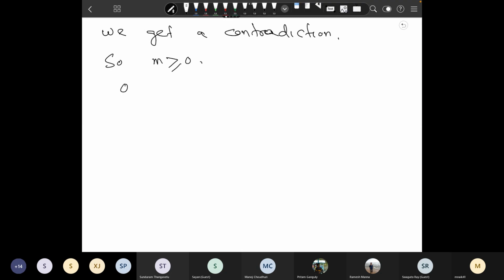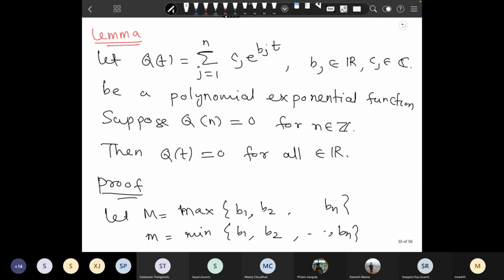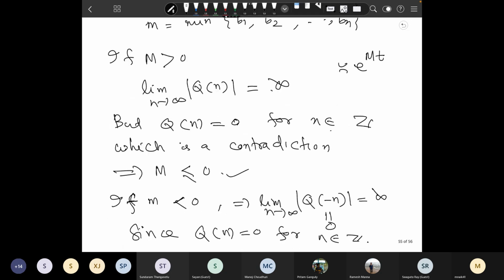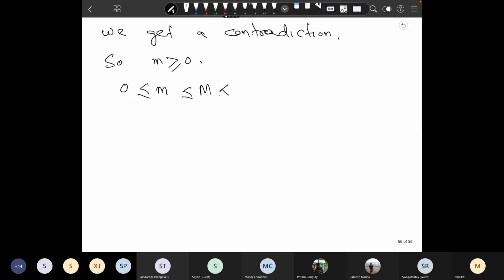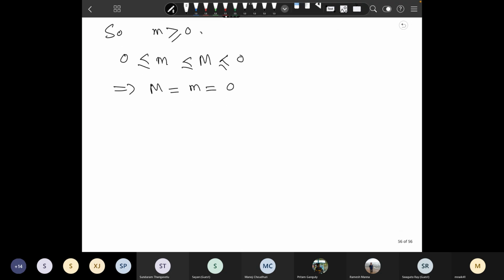So finally I have m, this is the minimum, M, this is the maximum, and I have shown that M is less than or equal to 0, and this implies M is equal to 0. So that means everything, b1, b2 up to bn, is equal to 0.